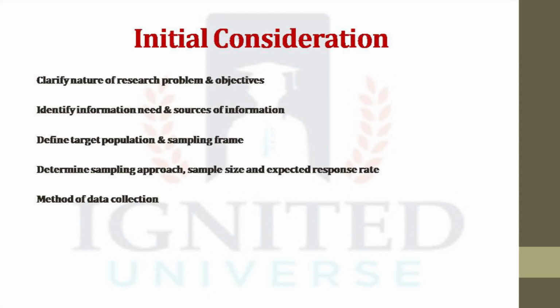Then we should determine the sampling approach, sample size, and expected response rate, and also the method of data collection. Basically, the first step in a questionnaire is to specify all these points.